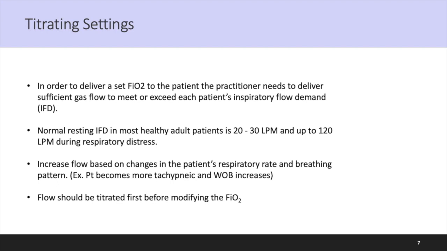So if you come back for your 2-hour check, or your RT comes back for the 2-hour check, and they notice that their work of breathing is higher because they maybe missed an albuterol treatment, etc., we can turn up our flow and potentially start back over and go from there. So we should always titrate our flow before modifying our FiO2, though. That's generally going to lead you to more success.